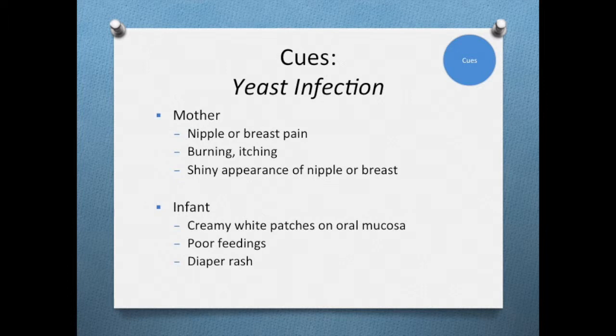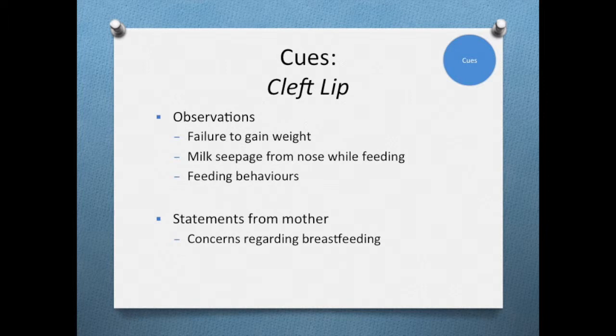The infant may be asymptomatic, or they may have creamy white patches on their oral mucosa that do not scrape off. They may experience poor feedings, and they also may have a diaper rash. Although there are lab tests to positively identify Candida albicans, many doctors will just treat with an antifungal medication if suspected. Usually, a cleft lip is immediately identifiable at birth, and the physician may have started a plan of care.